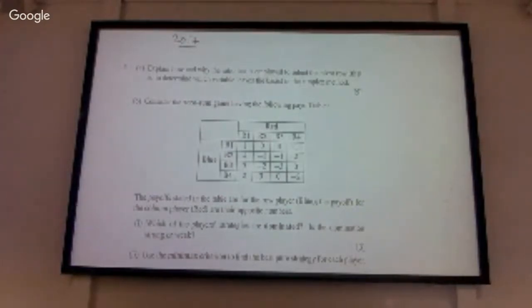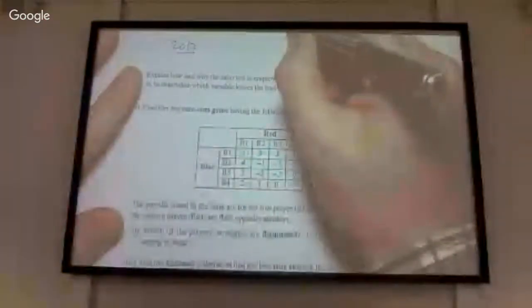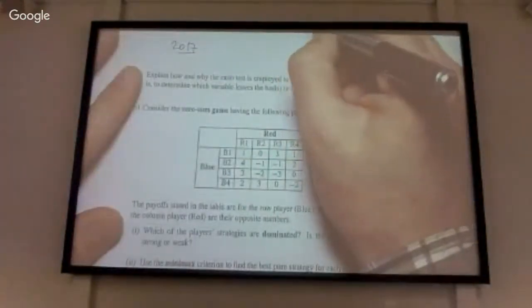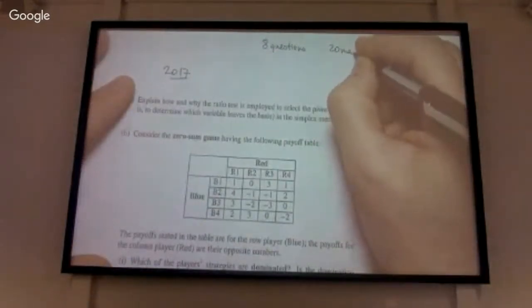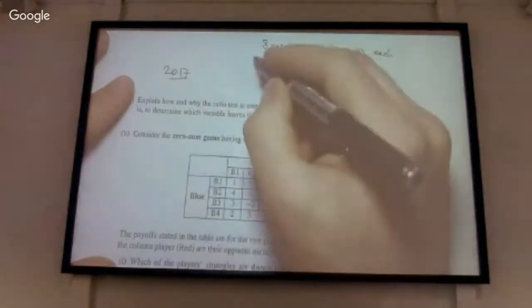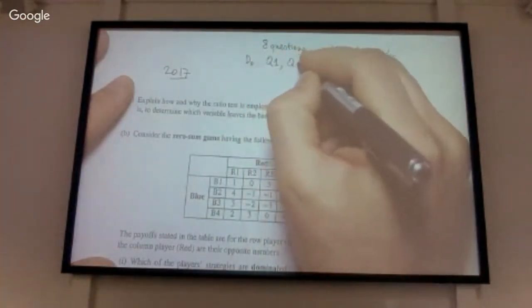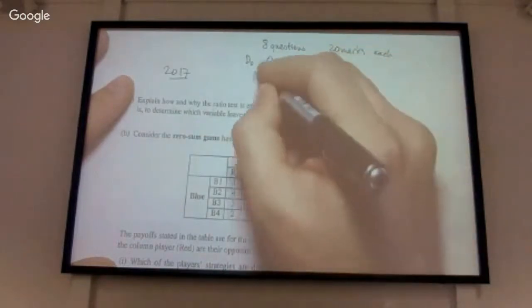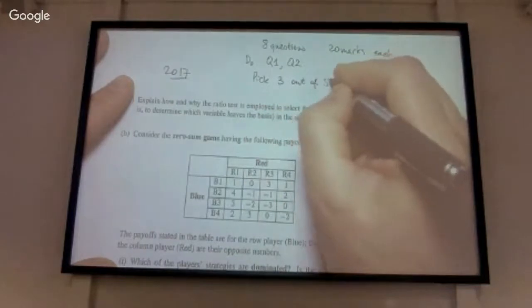So you probably know that the exam has 8 questions, and each of them is 20 marks. You have to do question 1 and question 2, and then pick 3 out of the remaining ones.